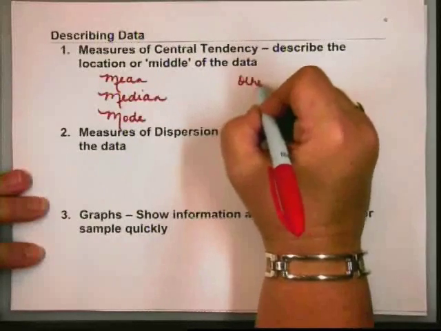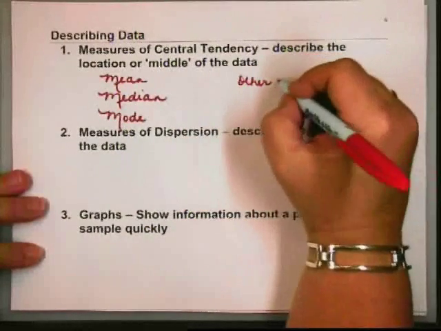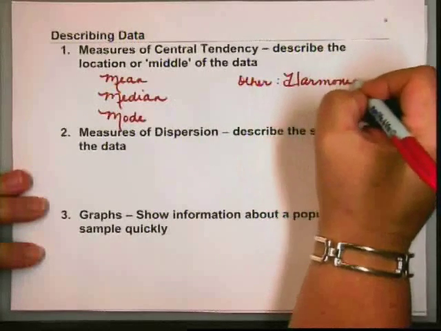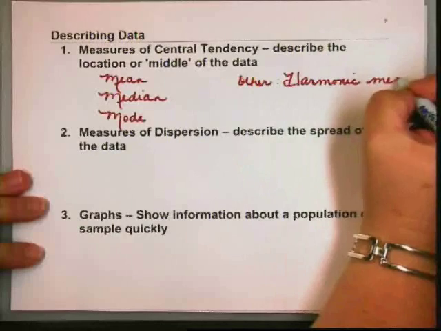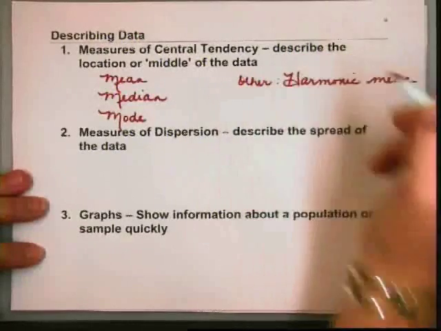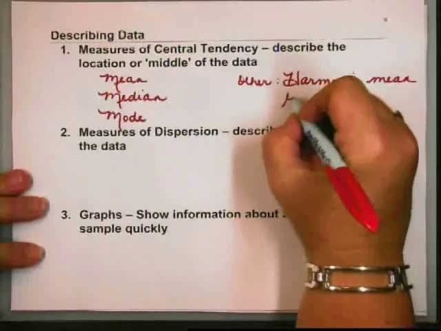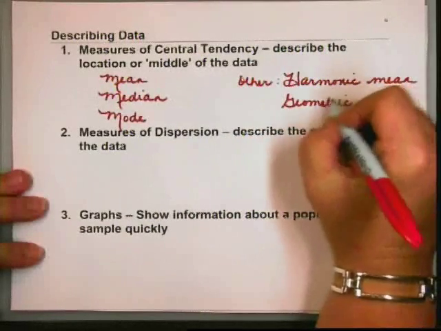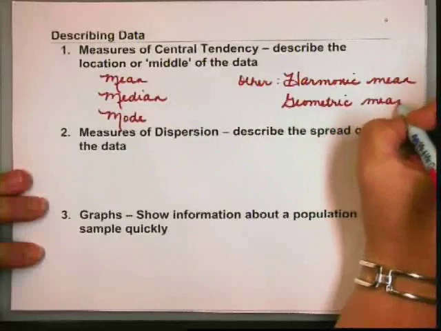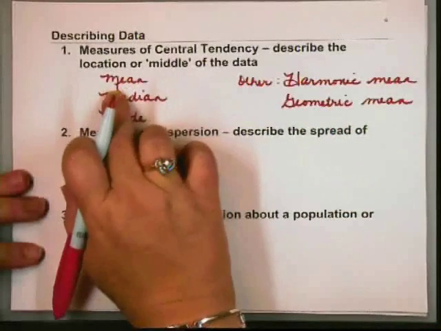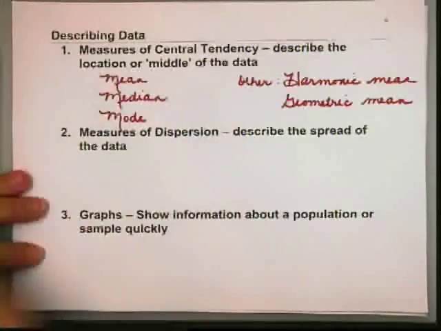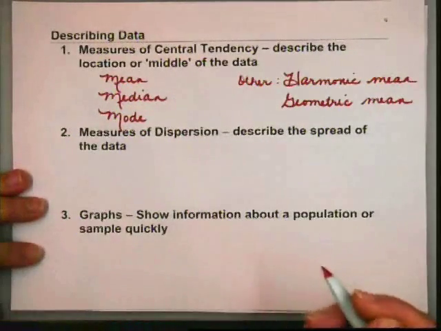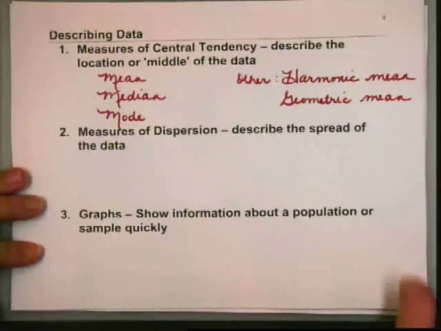There are some other applications where we may talk about a harmonic mean or a geometric mean. The term mean here, as we'll see later, is referred to as an arithmetic mean.